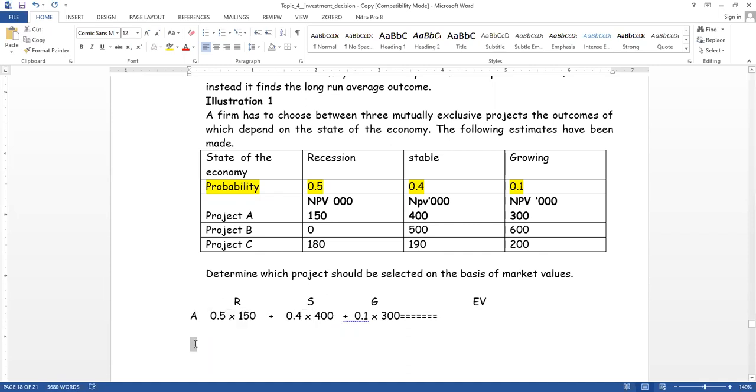Then I go to B. Project B. So this is 0.5 times 0.